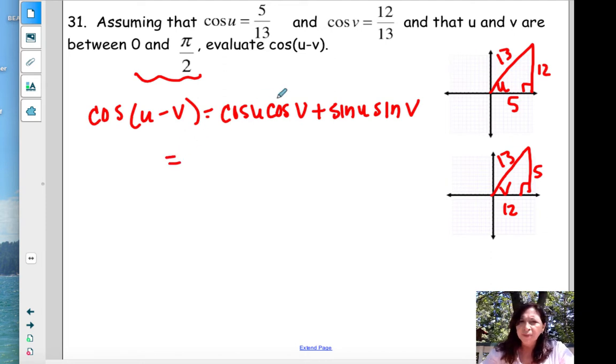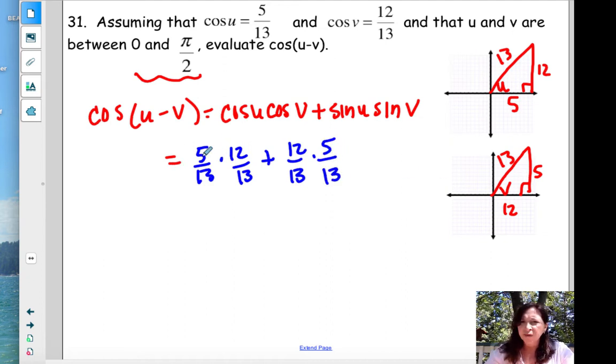So for this problem, cosine of u, cosine is adjacent over hypotenuse, so we already know that's 5/13. Cosine of v, that'll be 12/13, plus sine of u, which is opposite over hypotenuse, so 12/13, times sine of v, which is going to be 5/13. So let's make sure we've got 5/13 for cosine.